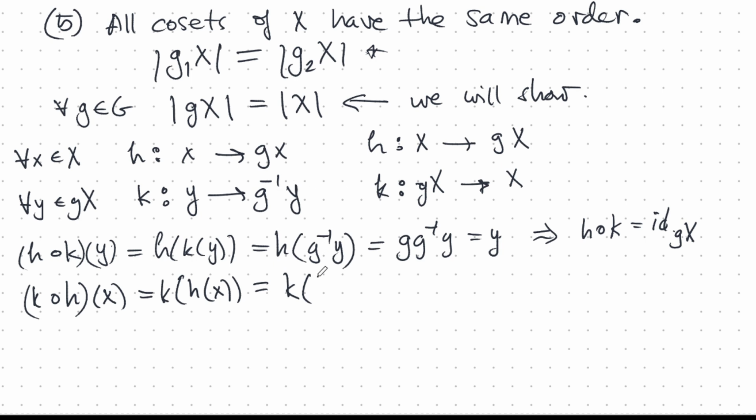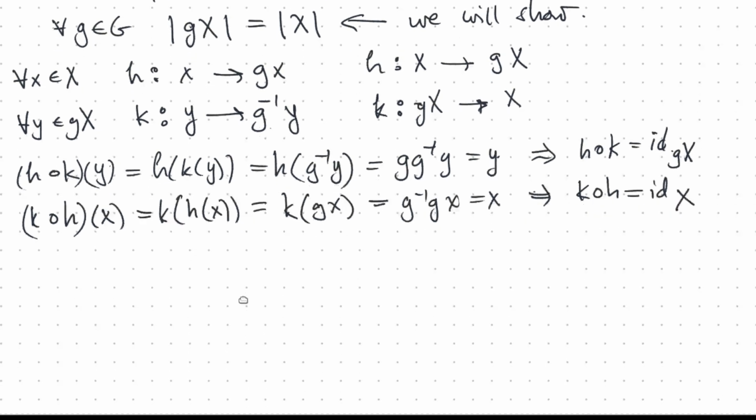Don't panic. Careful, slow, careful, patience. h of x is gx. And now k applies g inverse here, g inverse gx, and that's x. Wow, beautiful. So k composed with h is equal to the identity on X.